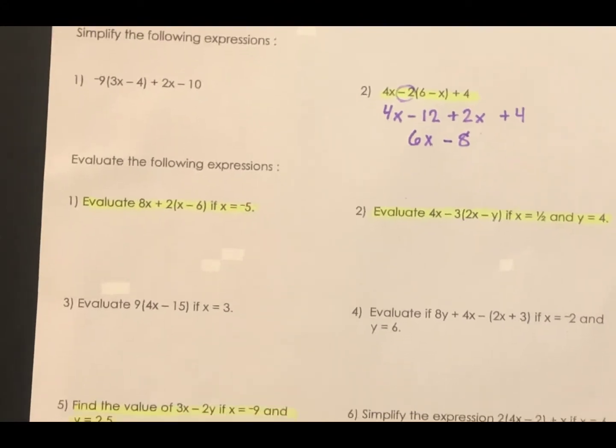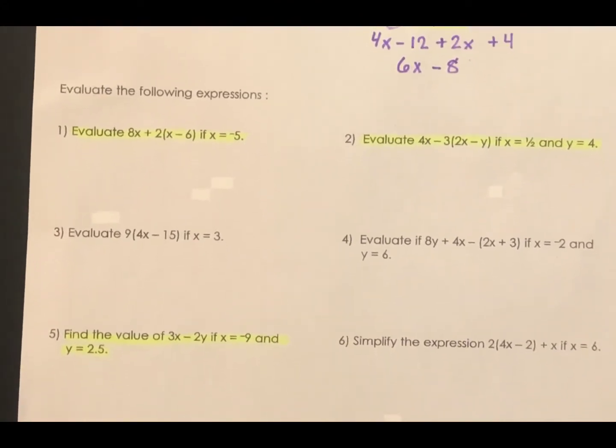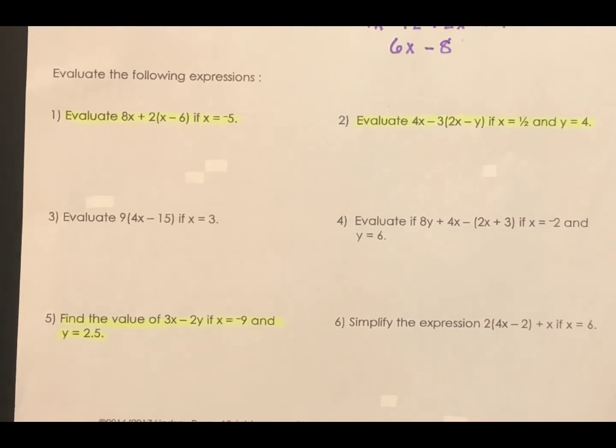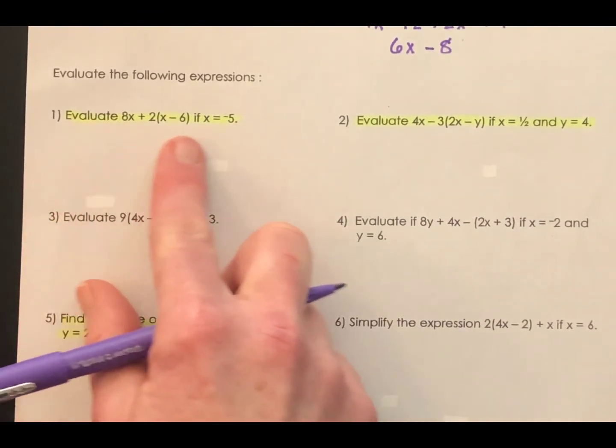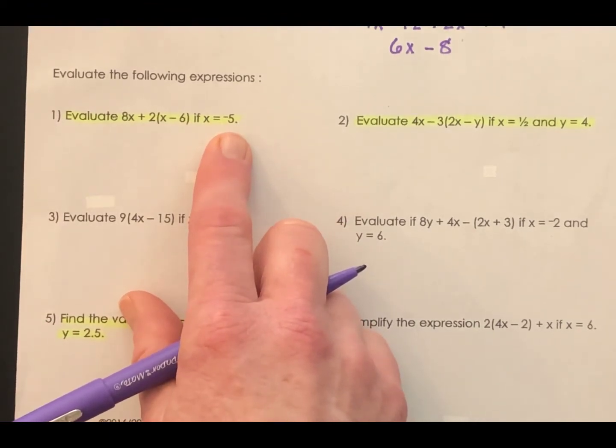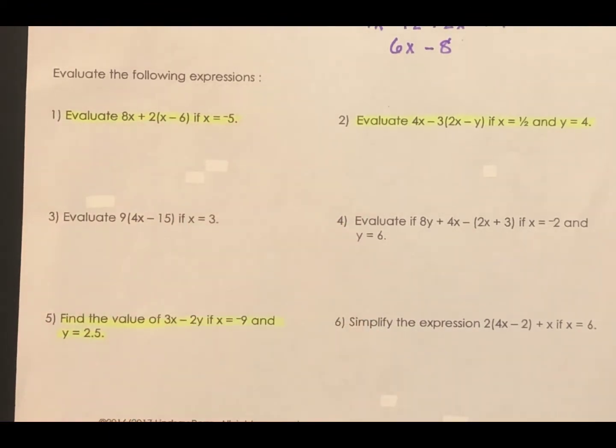Now let's go down and do 3 of these where you are substituting. Look right here. You have a negative integer to substitute, and whenever I substitute with a negative integer, I always like to put parentheses around it. It just makes it easier.